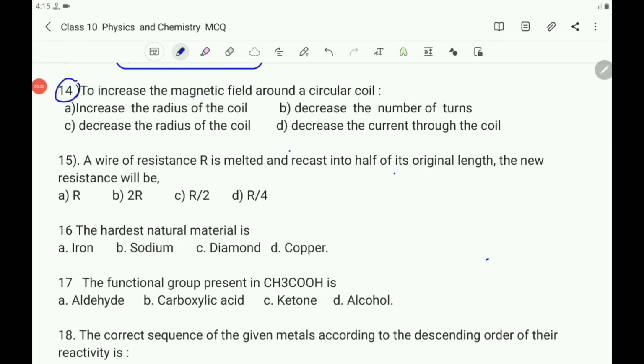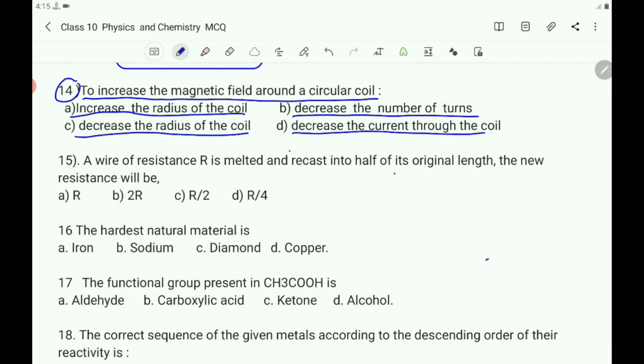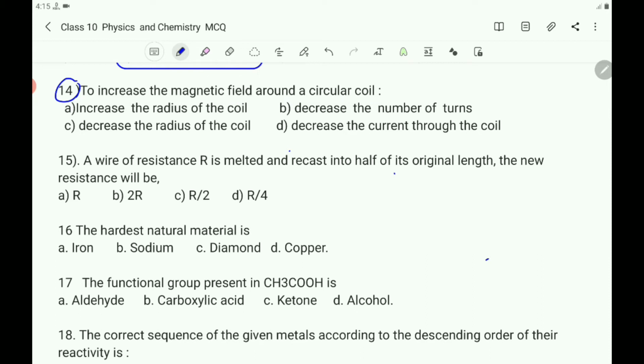Next you take the 14th question. To increase the magnetic field around a circular coil, the four options are: increase the radius of the coil, decrease the number of turns, decrease the radius of the coil, decrease the current through the coil. The strength of the magnetic field depends upon the radius of the coil, number of turns, and the strength of the current.